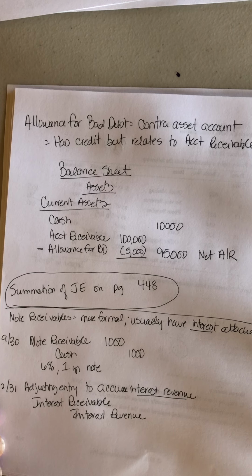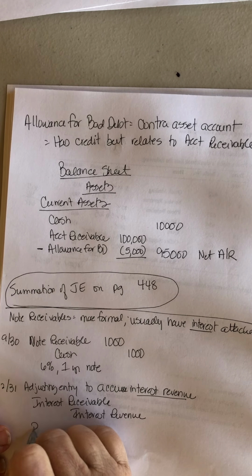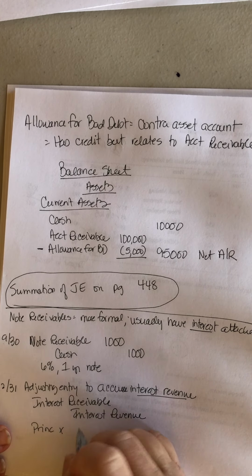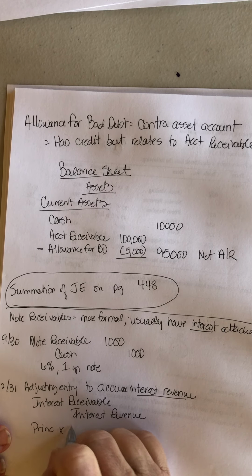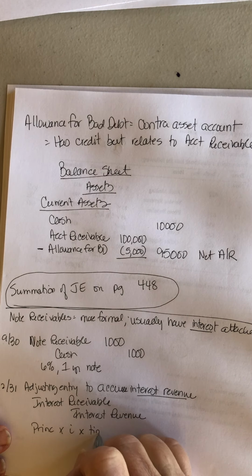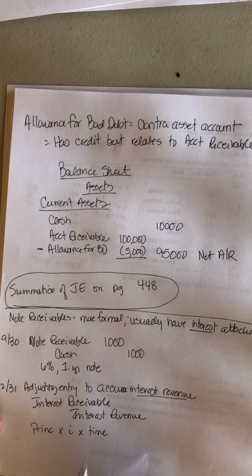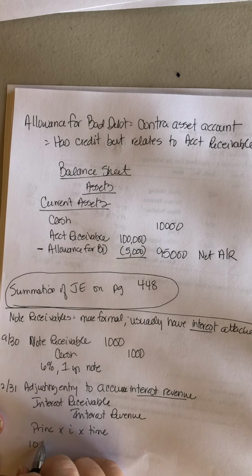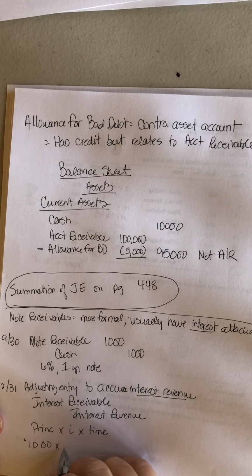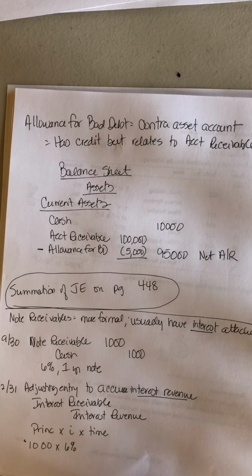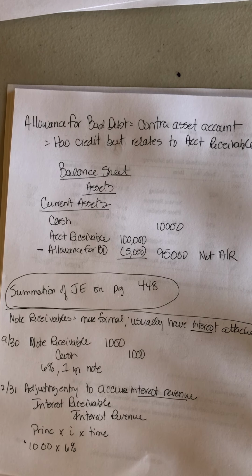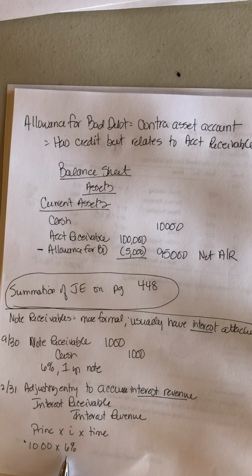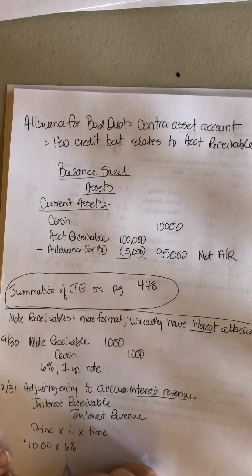To calculate the interest, it's the principal amount of the note times the interest rate times time. The principal amount of the note is $1,000. The interest rate is 6%. And what they mean by time is how long it's been outstanding over a year, because interest is always stated on an annual basis.